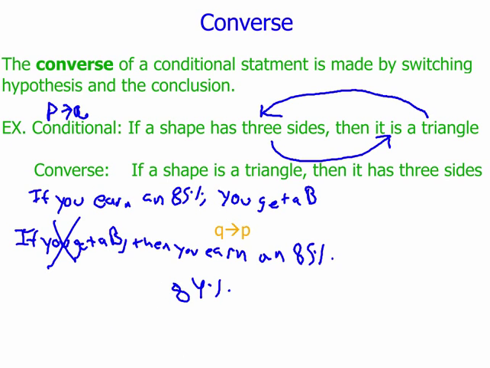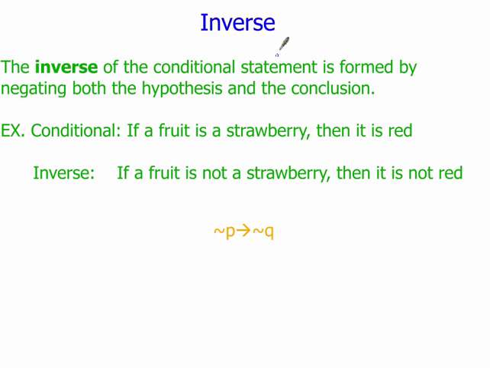All right, our next type of statement is what we call the inverse. The inverse of a conditional statement is formed by negating both the hypothesis and the conclusion. And negating simply means canceling out or putting not in front of it. So for example, if my conditional statement is, if a fruit is a strawberry, then it is red, my inverse would just be, if a fruit is not a strawberry, then it is not red.